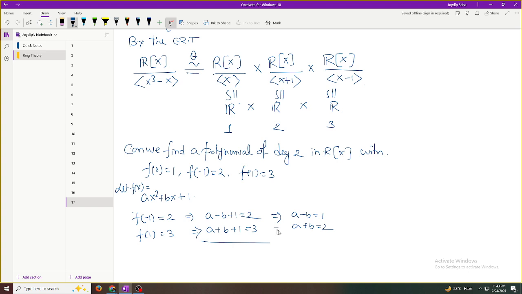What are a and b? a is 3 by 2, b is minus 1 by 2. Or yes, b is 1 by 2.